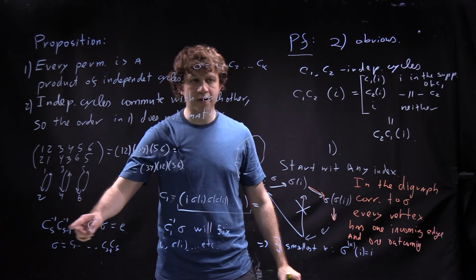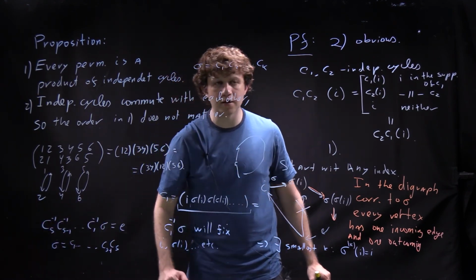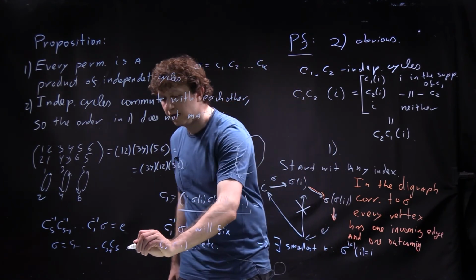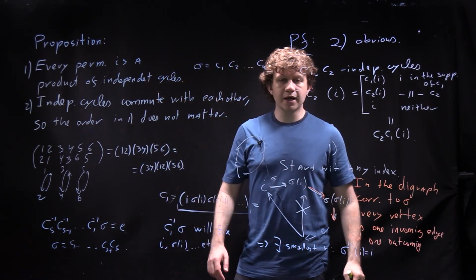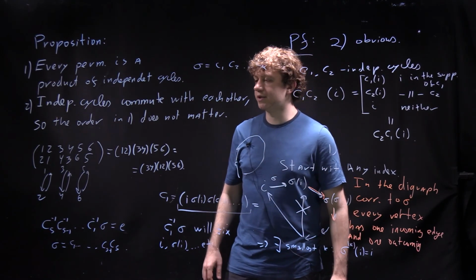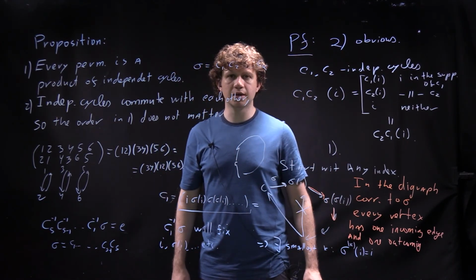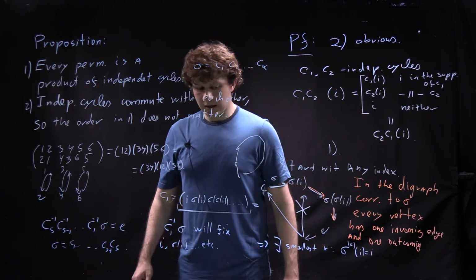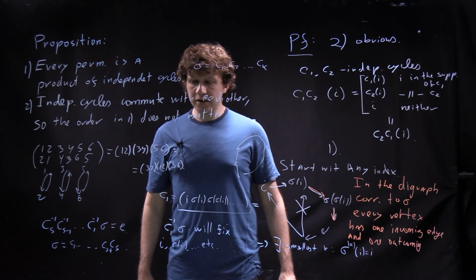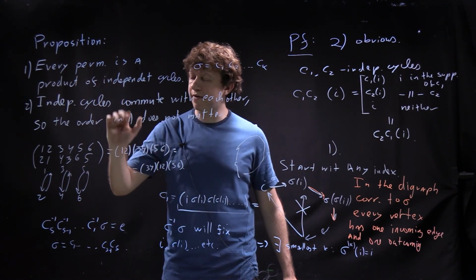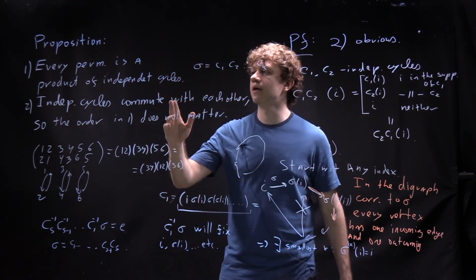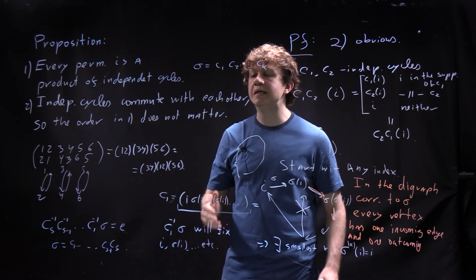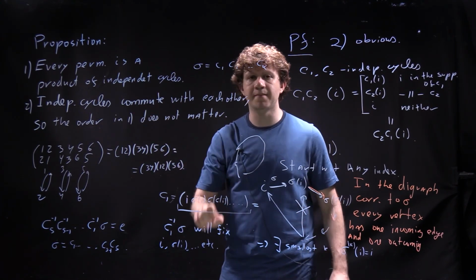Notice how careful I am with multiplying from one side or the other, because multiplication does not commute here. That's the idea, but if you want to see all details, you'll see this proof in the permutation theory in the group theory course. So now I have explained why every permutation is a product of independent cycles, and actually it's a product of independent cycles in a unique way up to permuting them, but I'm not going to prove it.